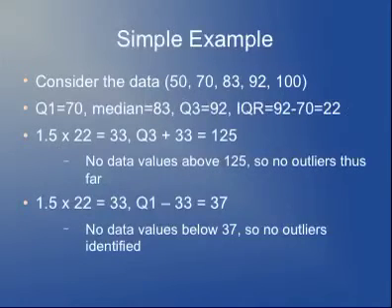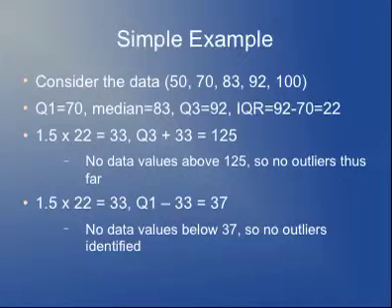So, a really simple example of this. You have a data set consisting of these 5 data points. Since you only have 5 data points, it's easy to calculate that the median is 83, the first quartile is 70, the third quartile is 92. So the interquartile range would be 92 minus 70, which is 22.